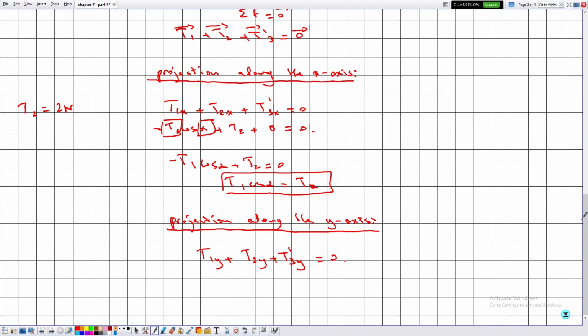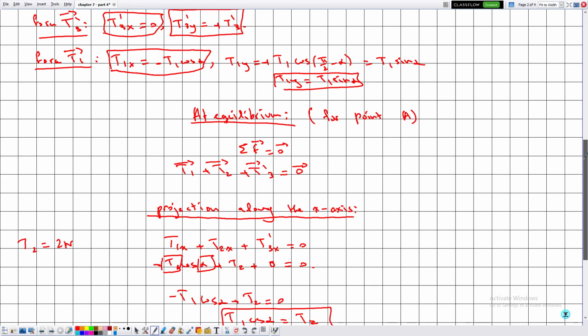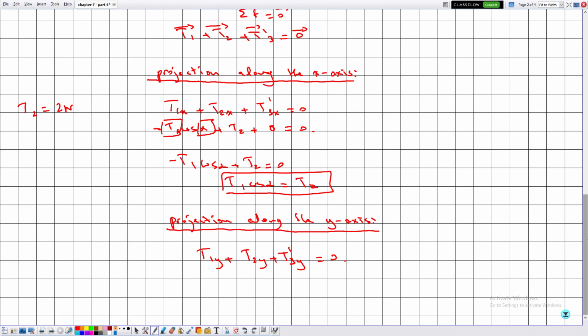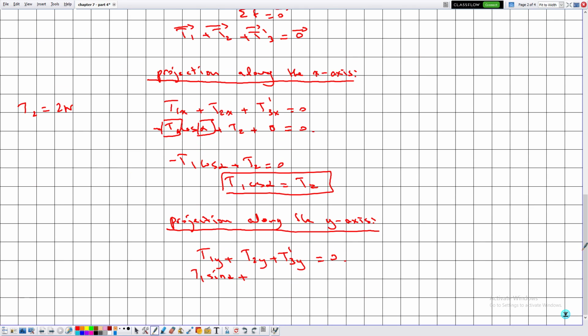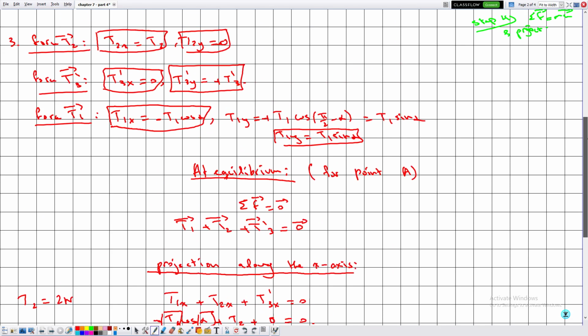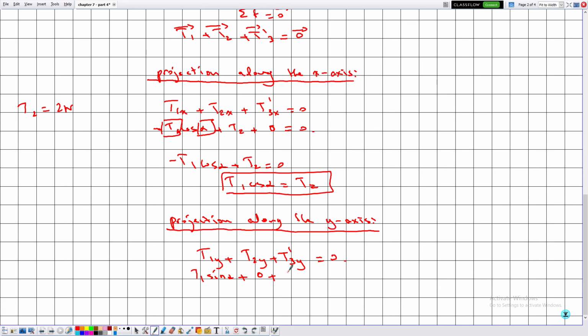Now T1y is equal to minus T1 sine alpha, plus T2y is given by 0, and T prime 3y is given by plus T prime 3, and as I have said previously T prime 3 is equal to T3, inextensible string.